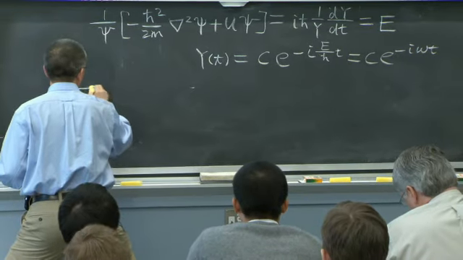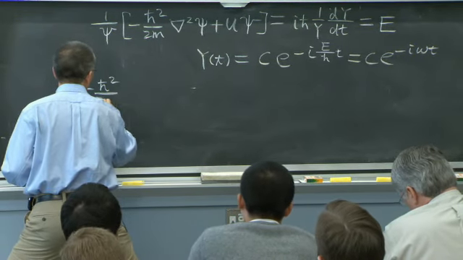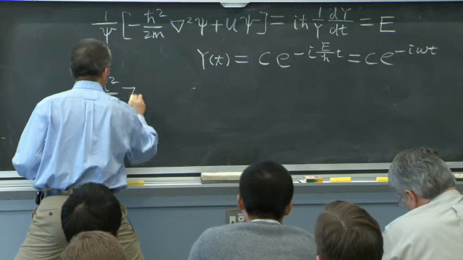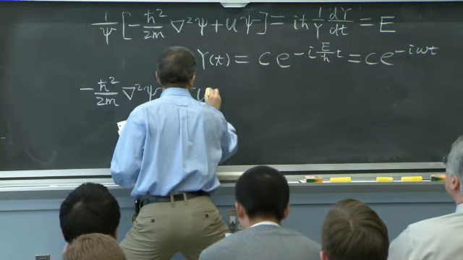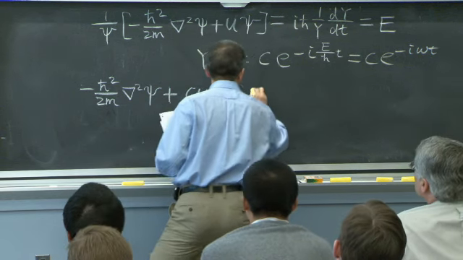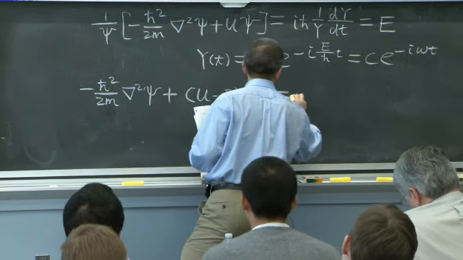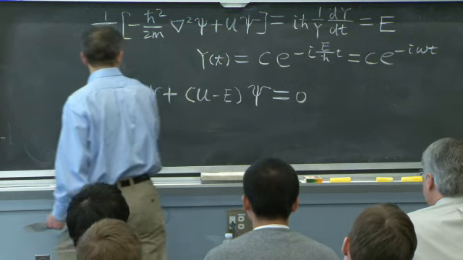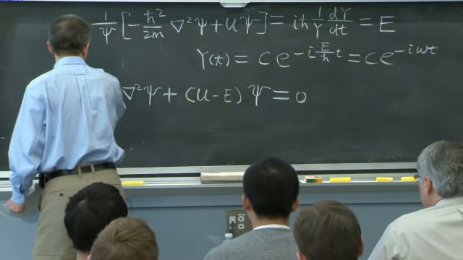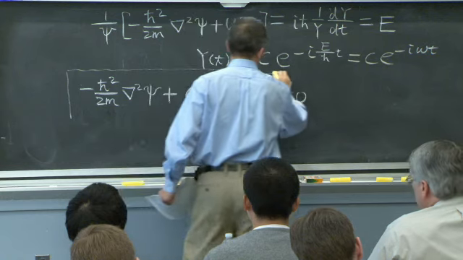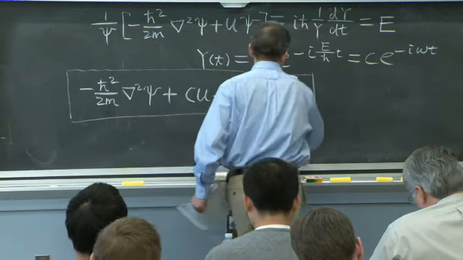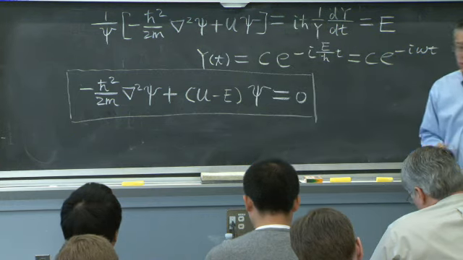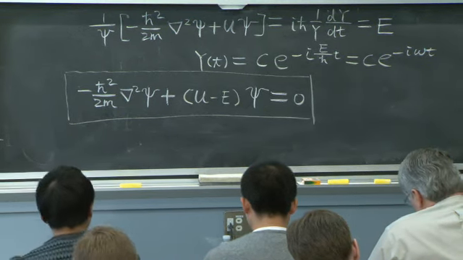So what I have is minus h bar squared over 2m, the Laplace operator, psi, plus U minus E, psi equals 0. So this is the time-independent Schrodinger equation. And this is the one that you use when you want to solve most problems.